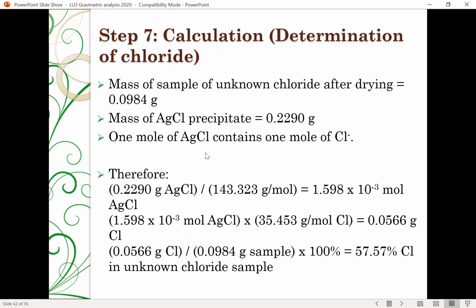This is based on the formulation itself. So when we want to calculate the percentage of chloride in your AgCl precipitate and also in your chloride sample that you used at the earlier stage of the precipitation gravimetric analysis, these are the steps.